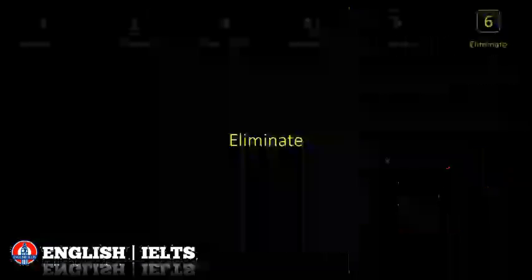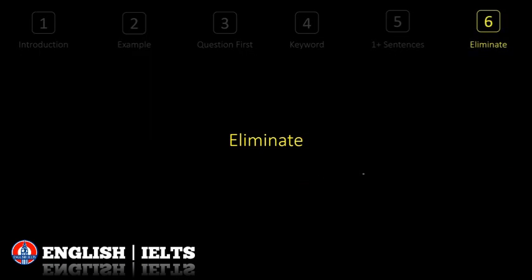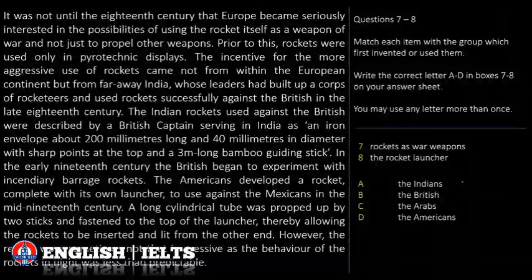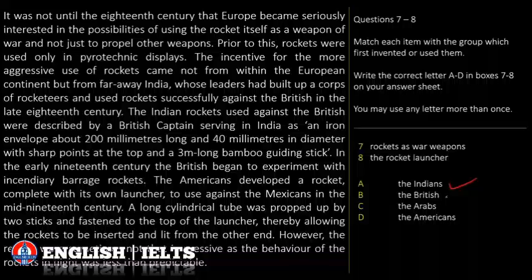Okay, good. The last one is important: eliminate the useless options. The obvious options should be eliminated, because it's going to help you reduce the options and hence find the answers easily. Now, if you look here, in the whole passage you can definitely find Indians, the word British, Arabs, I don't see anything as Arab, so maybe eliminate.